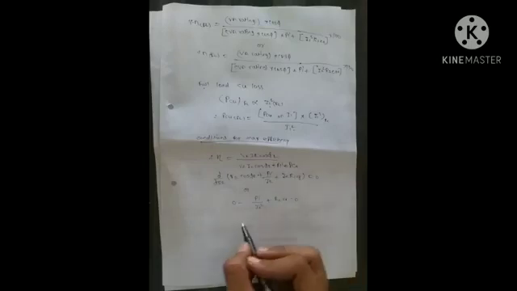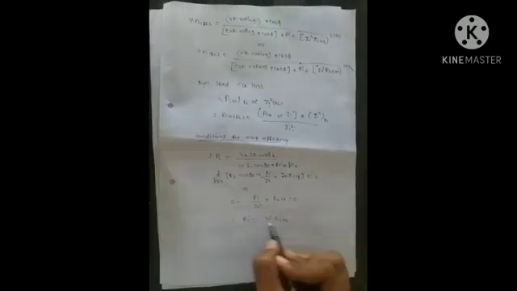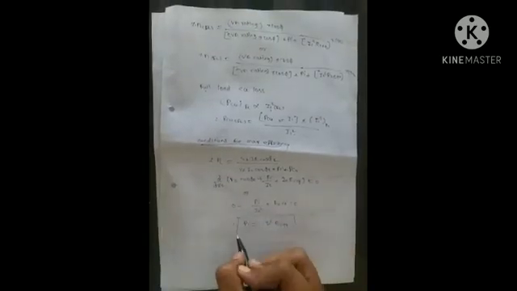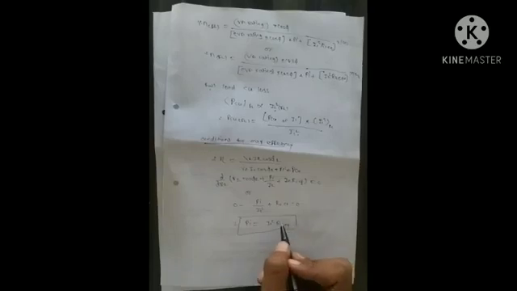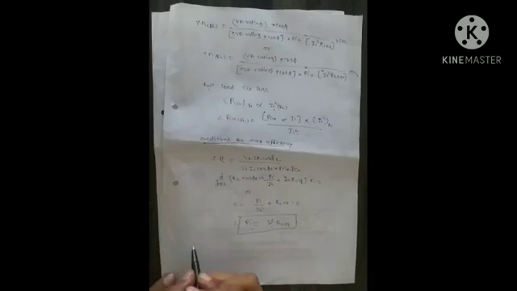So by simplifying, Pi equals I2 square R2e. This means that the iron loss equals the copper loss, and the efficiency of the transformer is maximum when the iron loss equals the copper loss.